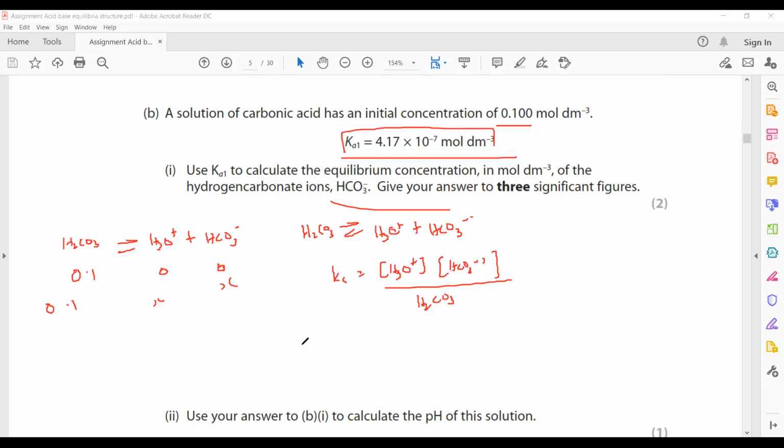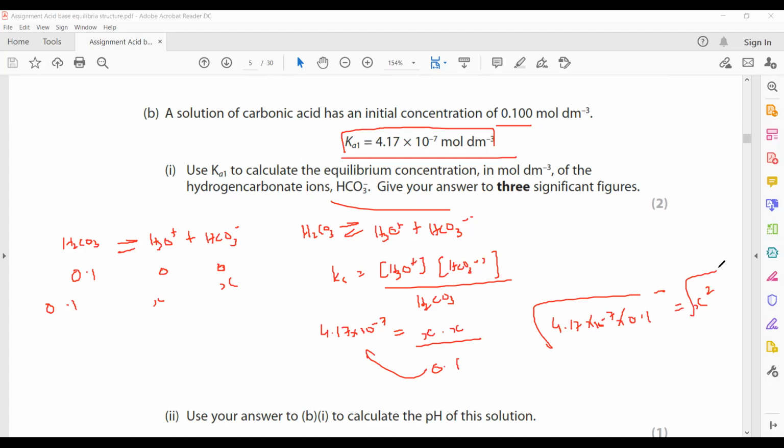So we'll substitute the value of the Ka, which is 4.17 × 10^-7. The concentration for this one is x, so this will become x squared divided by 0.1. So 0.1 is divided, on the other side it will be multiplied. You multiply and take a square root. So the final answer: 4.17 × 10^-7 multiplied by 0.1, in a square root. That will be the value for x.